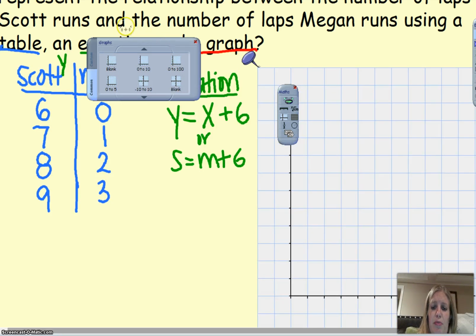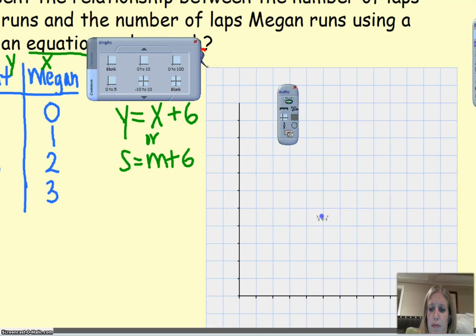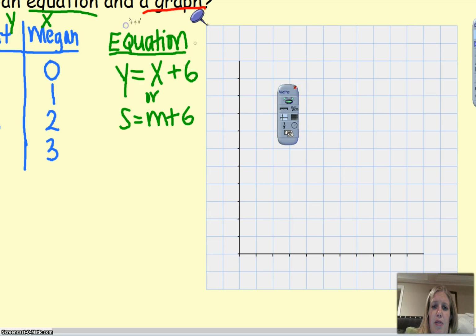And I'll move the video over so you can see. And we said in my equation that Scott was going to be my y. So I'm going to put Scott over here, S-C-O-T-T, because this is my y-axis. Here's my x-axis.